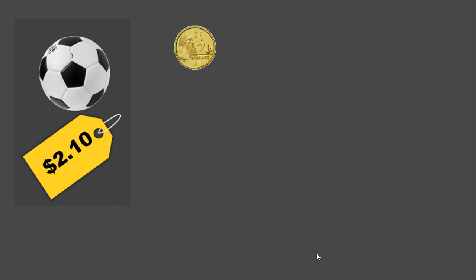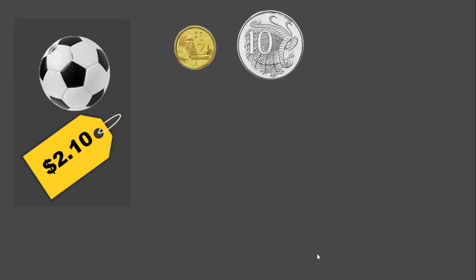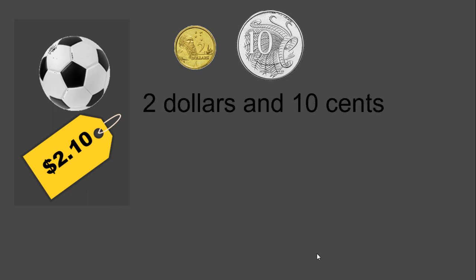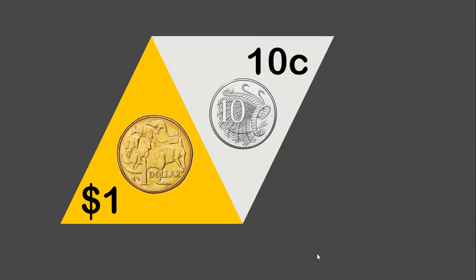We need a $2 coin and a 10-cent coin to pay for this soccer ball. We would say that as $2.10 with our symbols to represent dollars and cents, or as it shows on the price tag, $2.10.